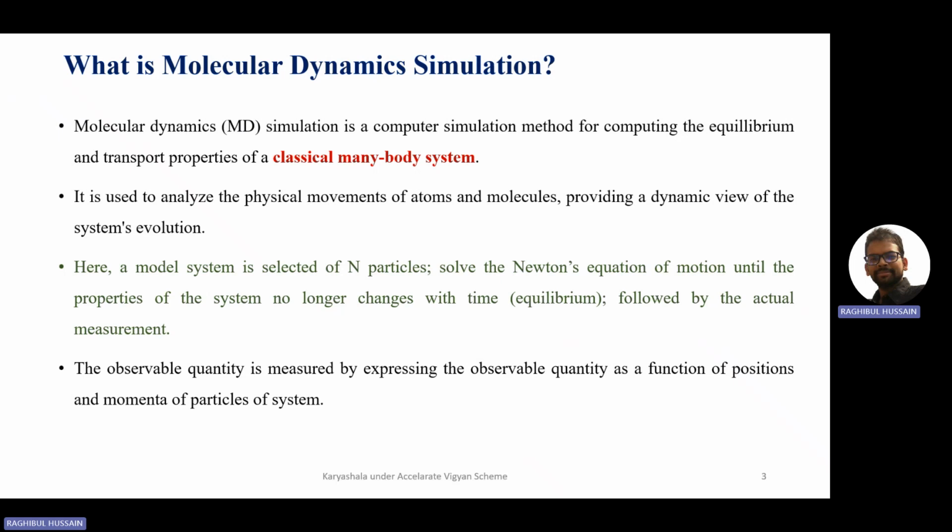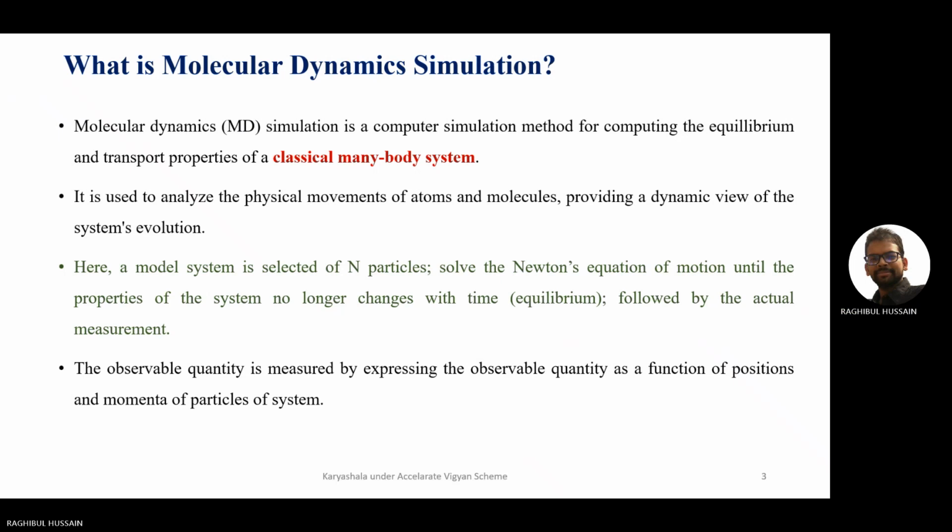First is the minimization, or we can say the energy minimization. Then is the equilibration. And then is the production.